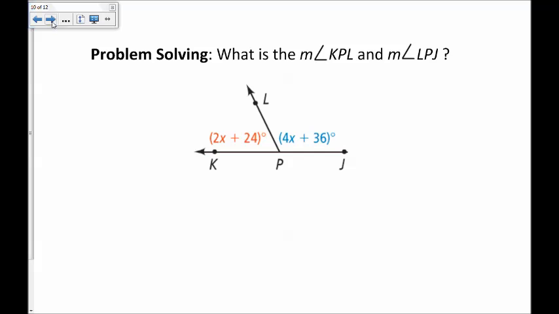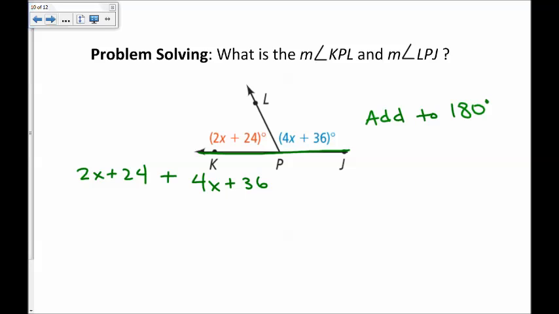Okay, so what is the measure of angle KPL and the measure of angle LPJ? Well, I know these make a linear pair. So they add to 180 degrees. So I know that 2x plus 24 plus 4x plus 36 equals 180 degrees.